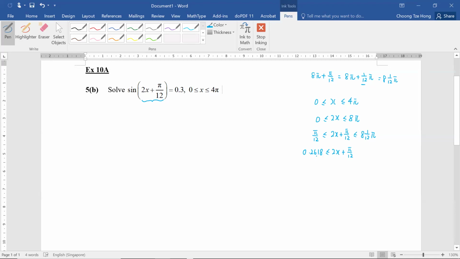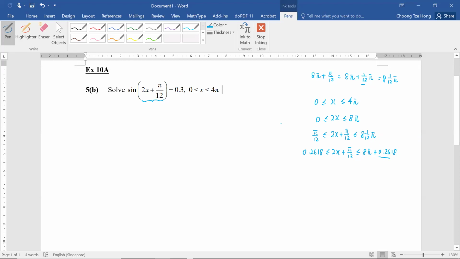If the basic angle is less than 0.2618, we will not take that angle for the first round. 8 and 1 over 12 pi is just 8 pi plus another 0.2618. 8 pi means you go 4 rounds, plus another 0.2618 radians.